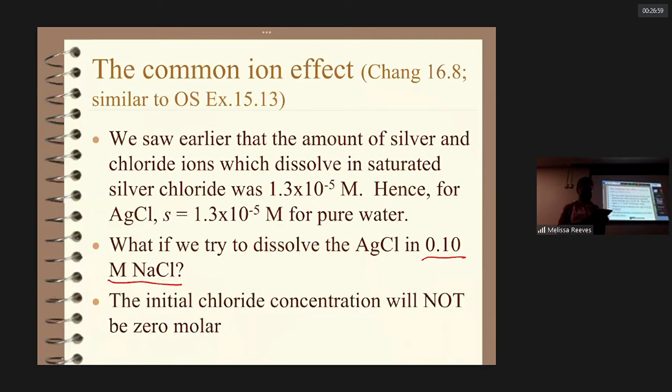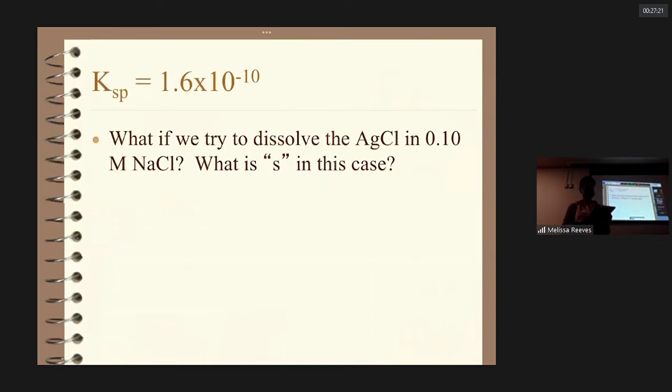So the initial chloride concentration, when we did the silver chloride dissolving into pure water, was equal to 0. Initially, we had no silver ion and no chloride ion. But if we're dissolving in 0.1 molar sodium chloride, the initial chloride concentration is 0.1 molar. So let's find out what S is in a solution of 0.1 molar sodium chloride.